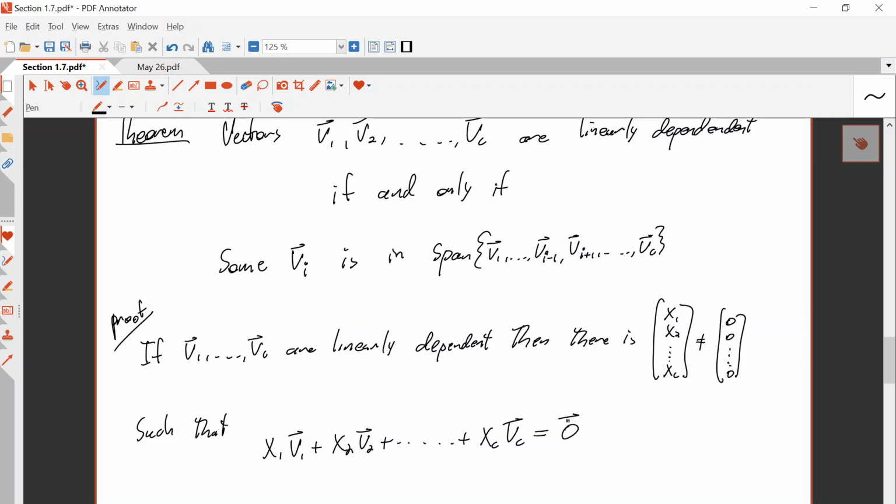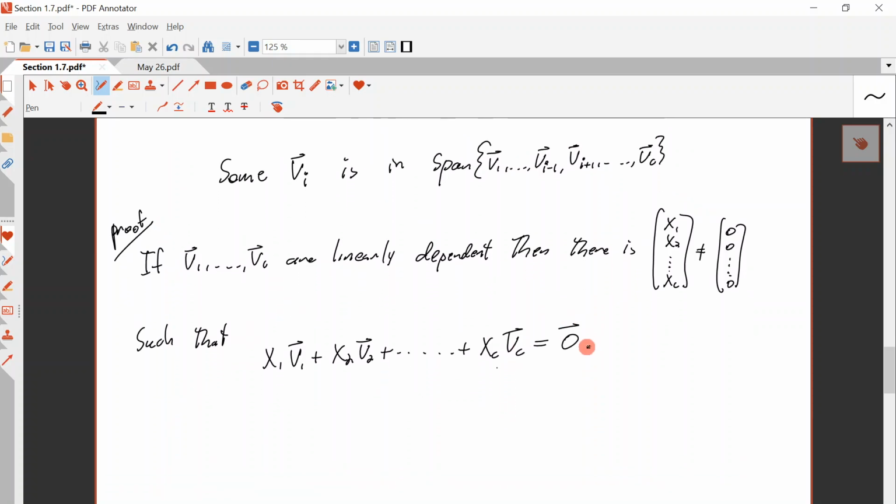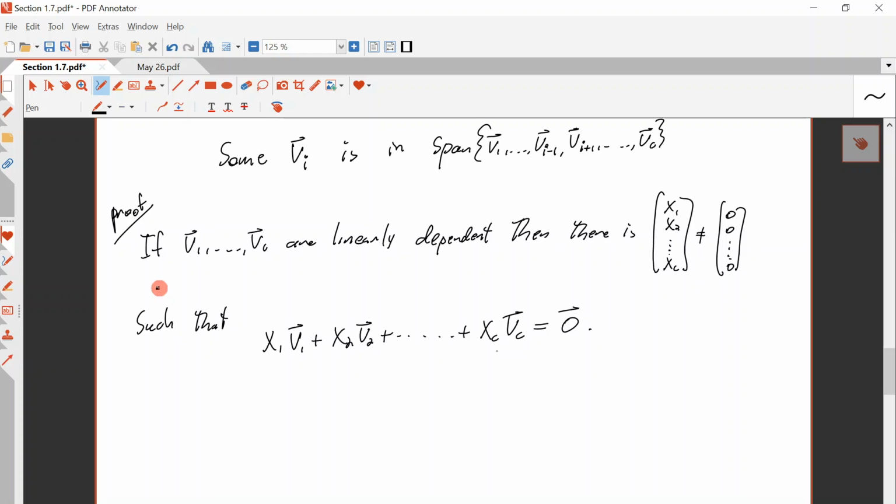So if they are linearly dependent, there's always the zero solution, but when you're linearly dependent, you also have some non-zero solution to this vector equation, or this associated linear system of equations. All right, so one of these guys isn't zero.